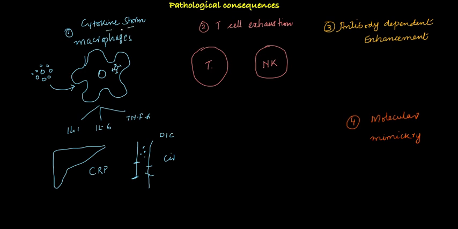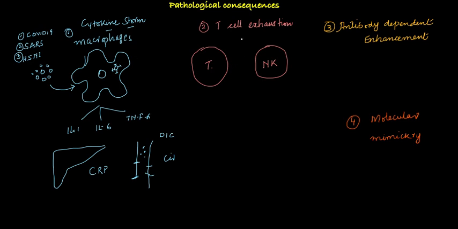This cytokine storm is produced by viruses, for example SARS, severe acute respiratory syndrome, and also by viruses like H5N1, as well as by COVID-19. So these are the different viruses that are capable of causing a cytokine storm.